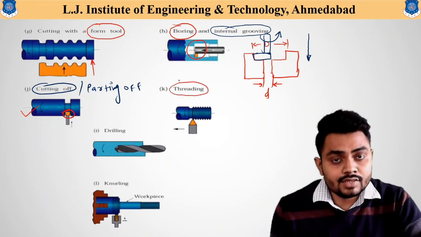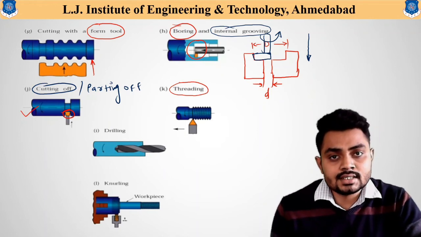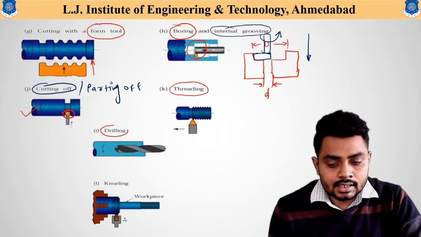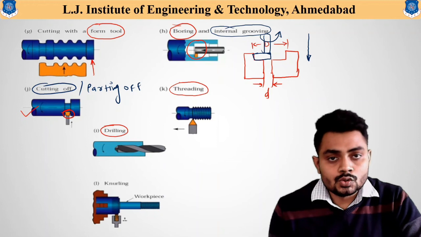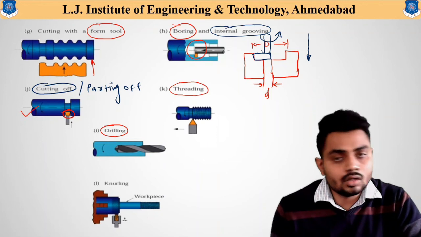The operation with which thread can be cut on the component is called the threading operation. The next one is the drilling operation. The operation with which a hole can be generated on the workpiece is called the drilling operation.